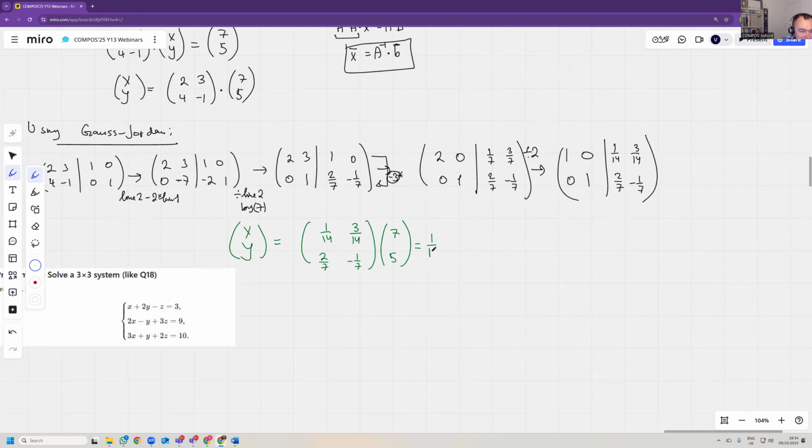So let's take 1/14 out, and it becomes 1, 3, 4, minus 2 times 7, 5. So 1/14, open bracket, 7 plus 15, 28 minus 10, 18. And so that's minus 4/7 and 9/7. So that's the answer.